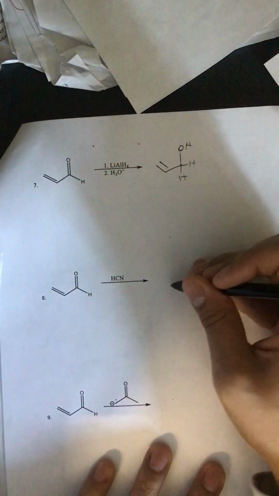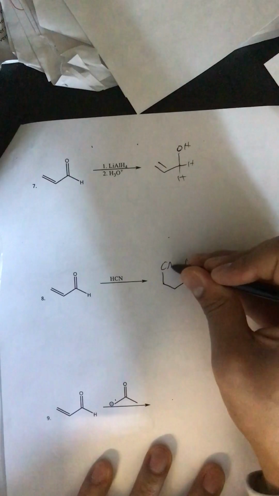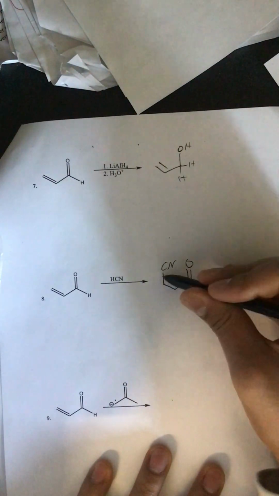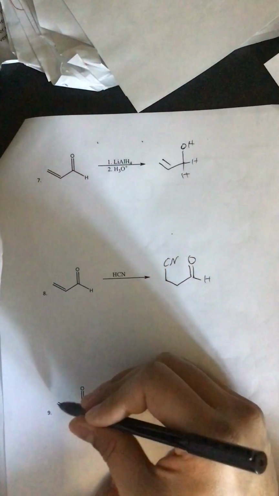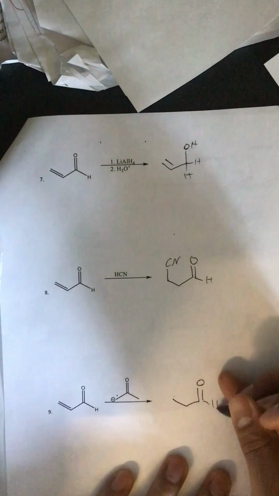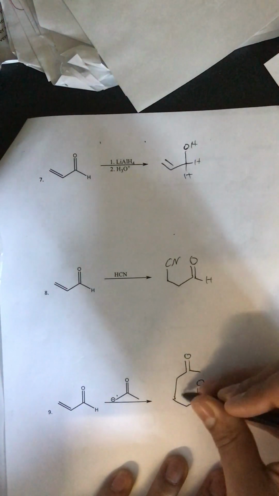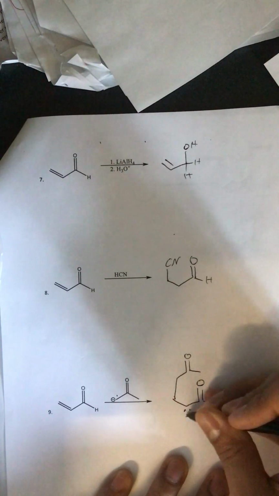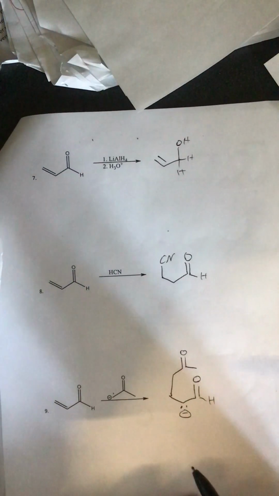For the HCN now, this is going to do conjugate addition. So you're going to get this as your product, right? And enolates also do conjugate addition. I guess this would be here because I don't have another thing to protonate that. So I'll just leave this here like this.